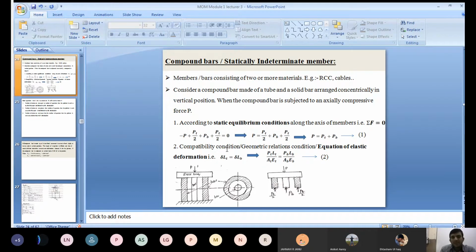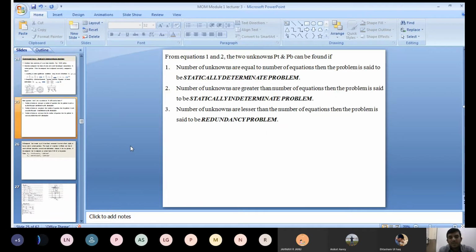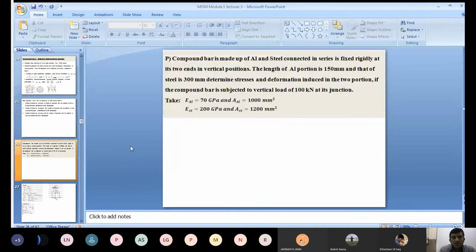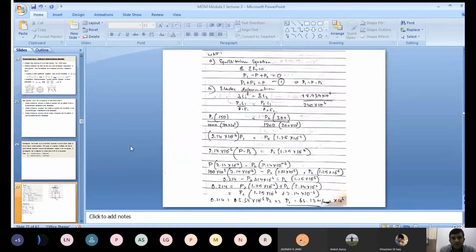That is also called the compatibility equation, or geometric relation. We also discussed statically determinate and indeterminate members and redundancy problems. Then we solved a problem on a compound bar.